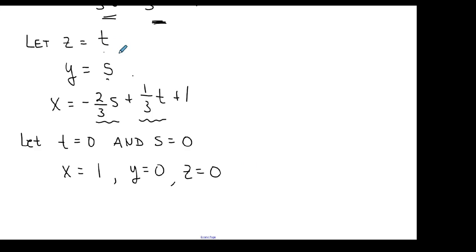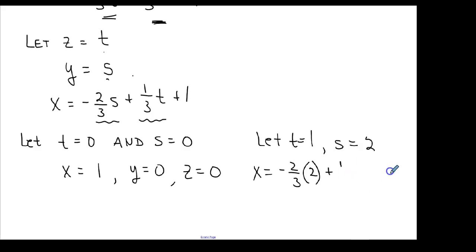If on the other hand we started out by saying let t equal 1 and s equals 2, then x would be negative 2/3 times 2 plus 1/3 times 1 plus 1, which is negative 4/3 plus 1/3 plus 1, which is 0.